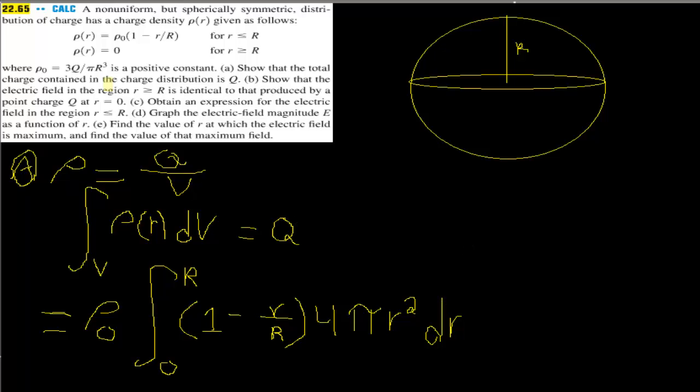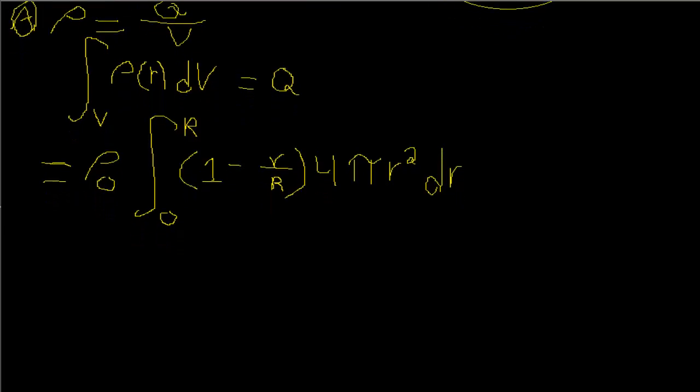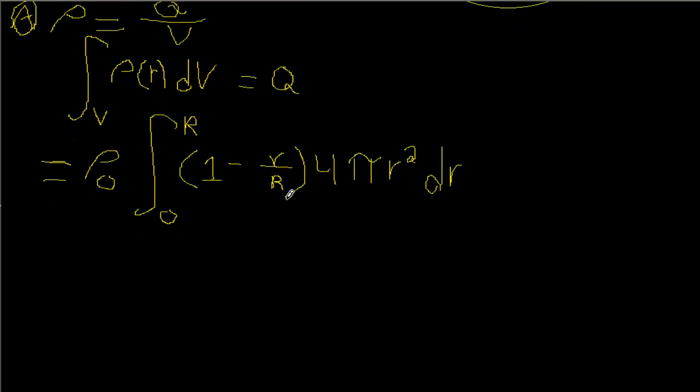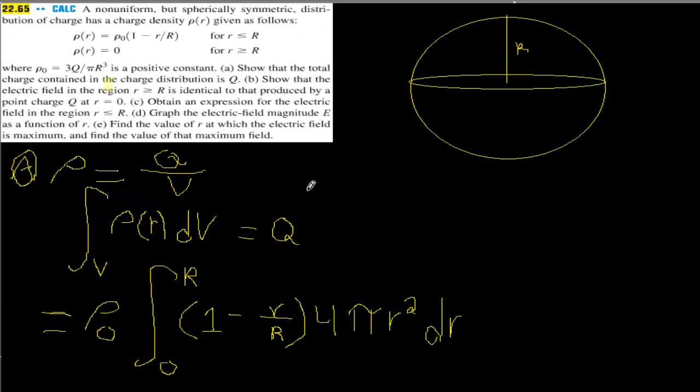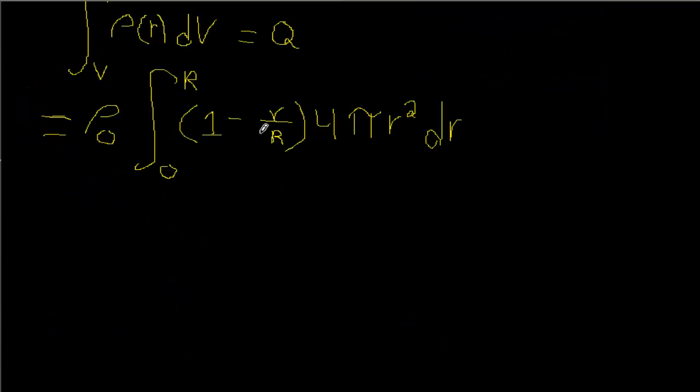And so that's what part A is all about. It's all about making an integration and then showing that the charge is equal to Q. They told us that the enclosed charge is Q. We just have to prove it, and we'll prove it by the integration here. And it turns out to be a very trivial integration, which you should be able to work out.